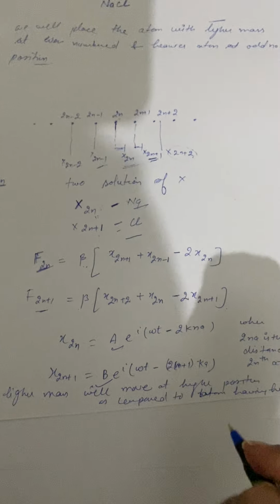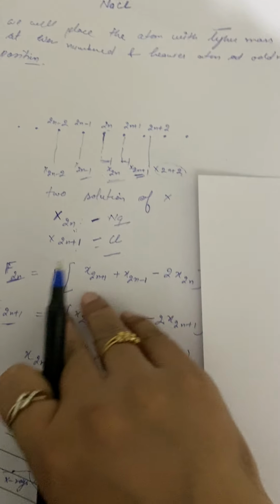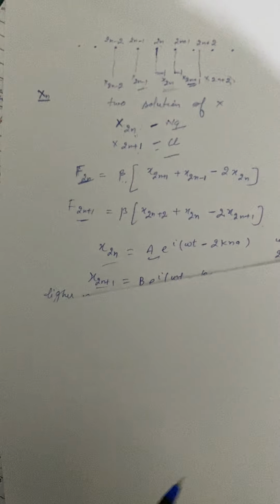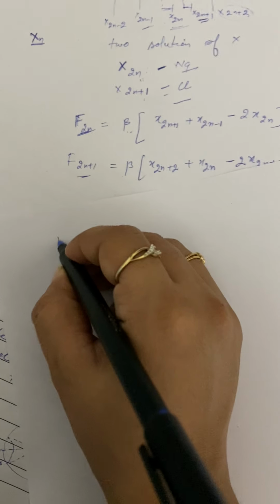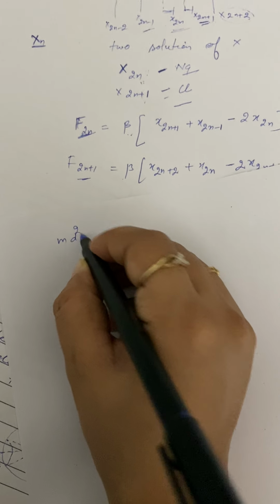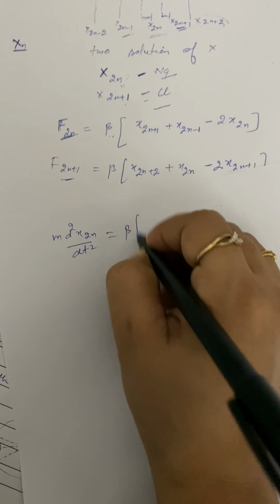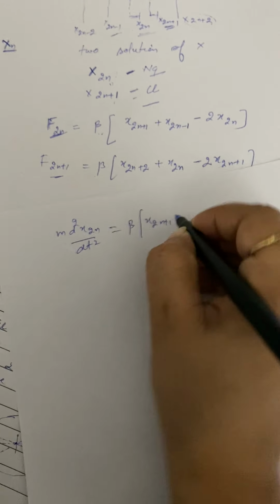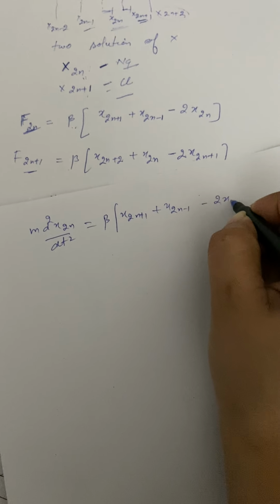So by putting the value of x raised to power 2n, like we did in the last video, we will write this force F2n as m d square x2n divided by dt square equals beta times x2n plus 1 plus x2n minus 1 minus twice of x2n.